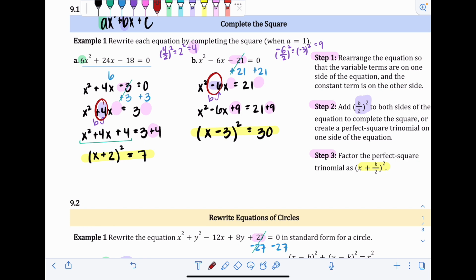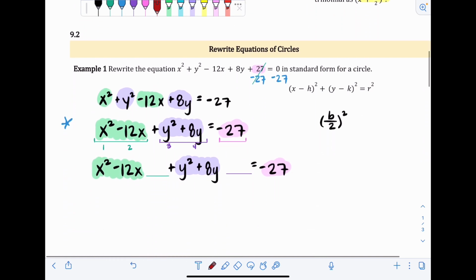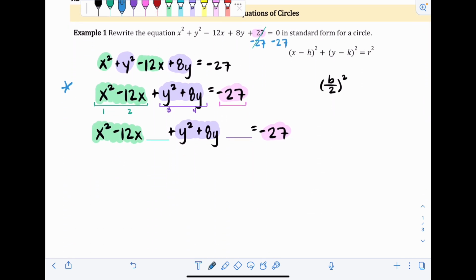And b is always going to be the coefficient of your variables to the first power. So even though in our new problem we have an x and a y, b is going to be the coefficients of x to the first power and y to the first power, as opposed to x squared and y squared. So our b's for this problem are going to be negative 12 and 8. So always just the coefficient of your x to the first power and your y to the first power.